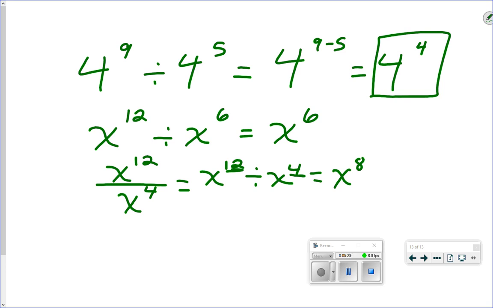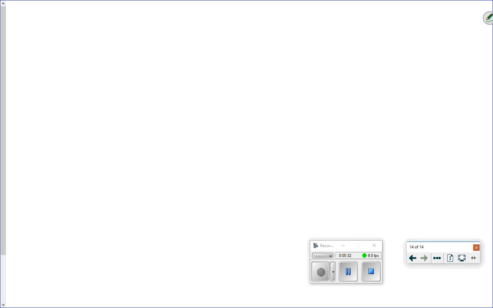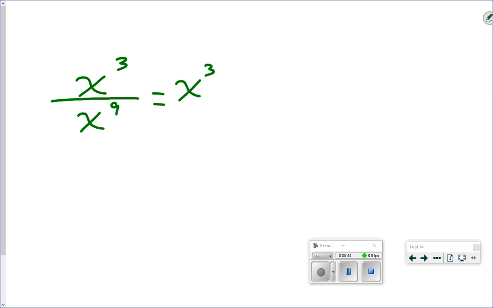Now we'll get into this in more detail later, but this does also work when you have a smaller number on top. So let's say I have x to the 3rd power over x to the 9th power. That means the same as x to the 3rd divided by x to the 9th.